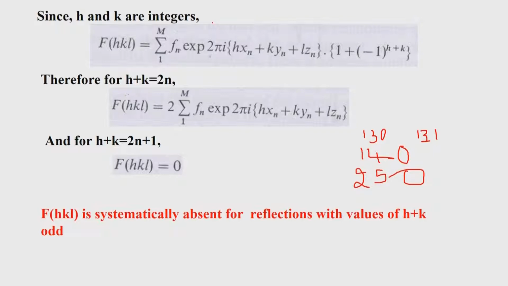But please note that those systematic absences will not affect all of HKL. It will affect only either projection reflections or axial reflections. This is a statement I am making, do not worry too much about it, we will discuss it in full detail as we go along. So, right now what we have discussed is a C-centered lattice.